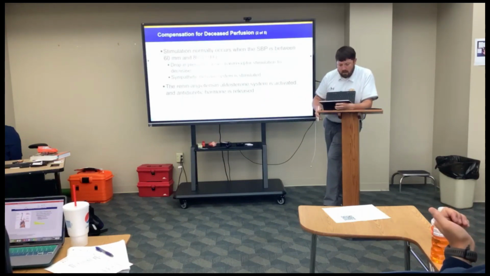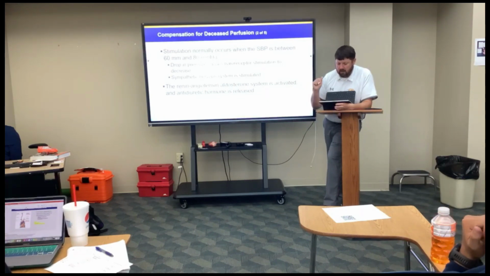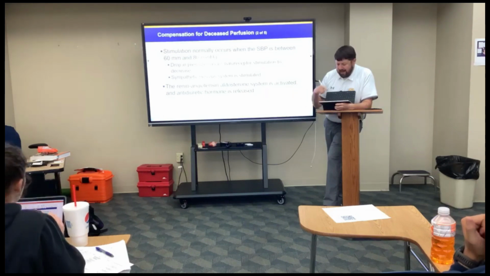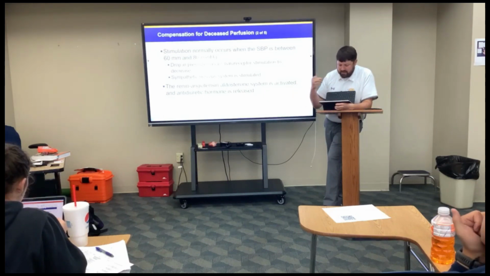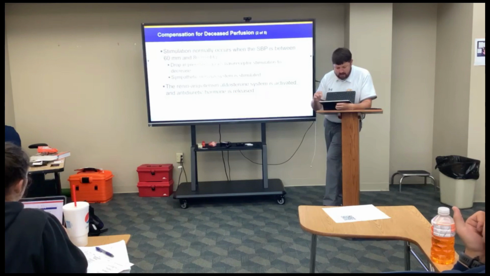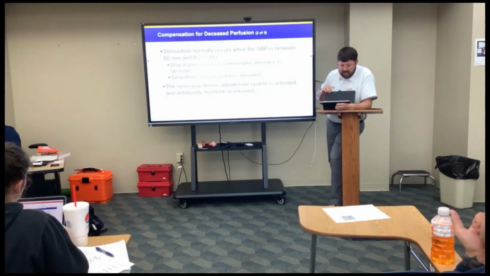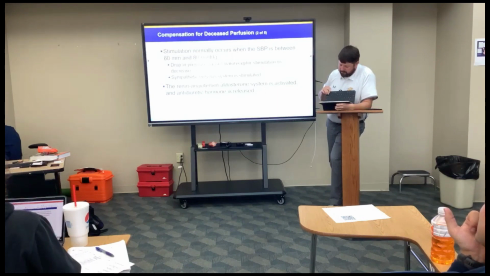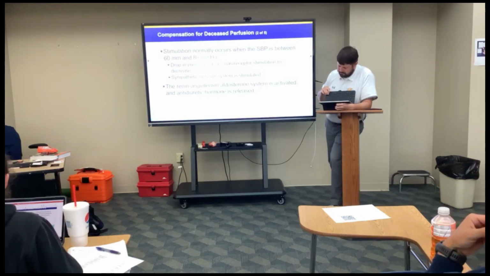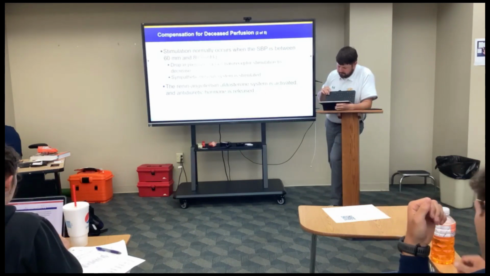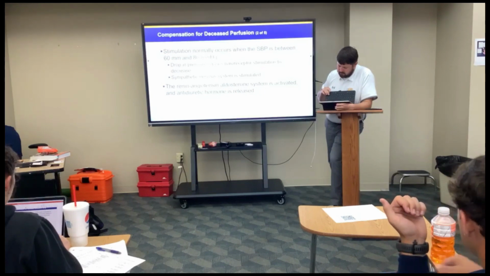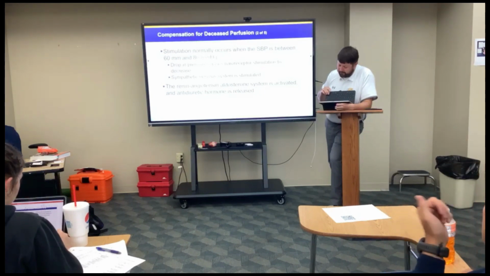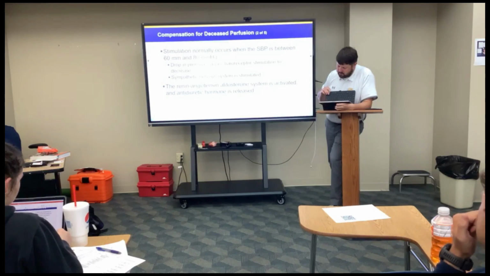Okay? So when we start seeing decreased perfusion, stimulation occurs between 60 to 80 millimeters of mercury, and this is where the sympathetic nervous system is going to release catecholamines, and then also the renin-angiotensin-aldosterone system. Y'all ever heard of that before? You have. You just don't remember.